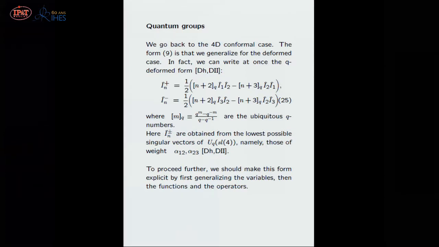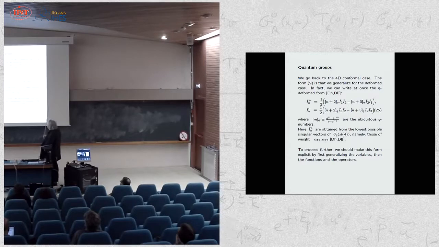Now, for quantum groups, I'm going back to the four-dimensional conformal case. And the form, I recall there was such a form there, where, of course, the I ones were without hats, and n plus 2 was not in quantum brackets.